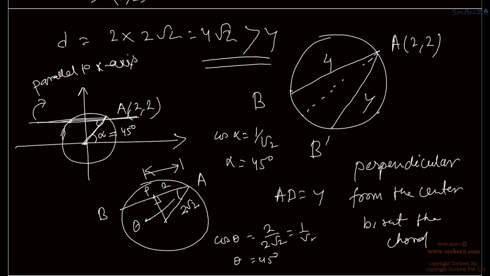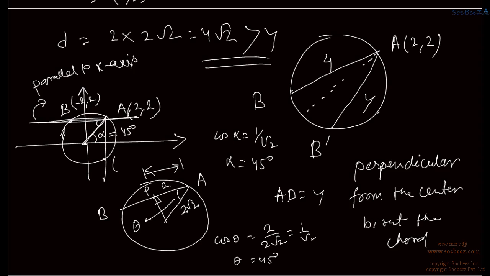And so this must be point B. The y coordinate is the same and the x coordinate is -2. So we have found that the x coordinate is -2, the y coordinate is 2, and putting this in the equation of the circle confirms it. So here is point B, and one more point B can be here. Here also there is a point B. This is also 4 units.